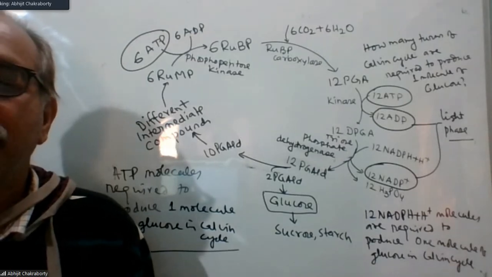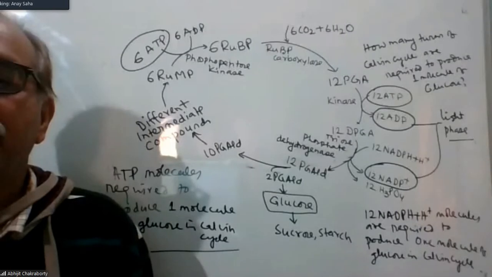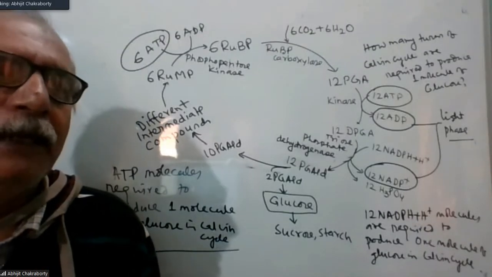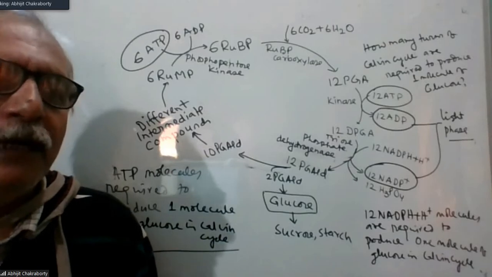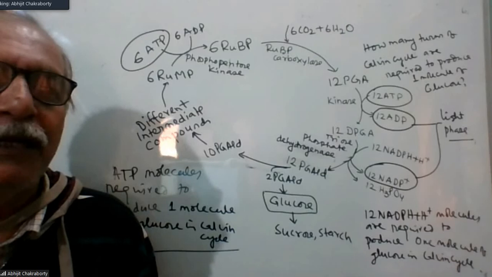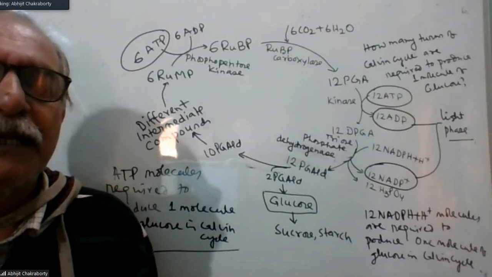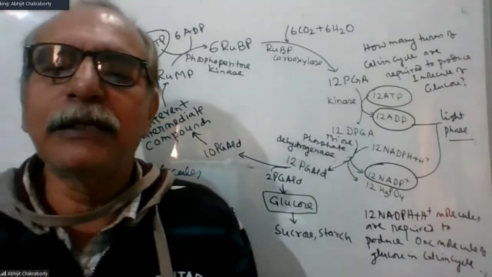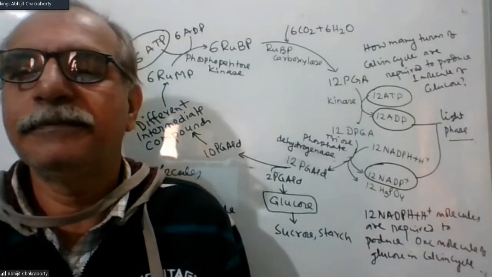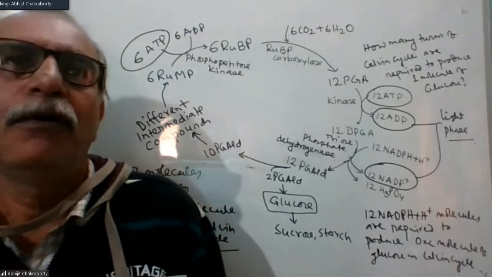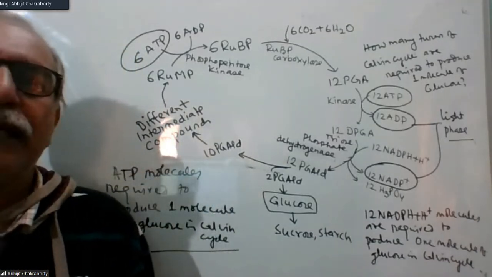Anyone, please? Sir, 24. 24, how can it be? I am repeating the question again. How many ATP and NADPH molecules are required to facilitate fixation of 1 molecule of carbon dioxide in Calvin cycle?